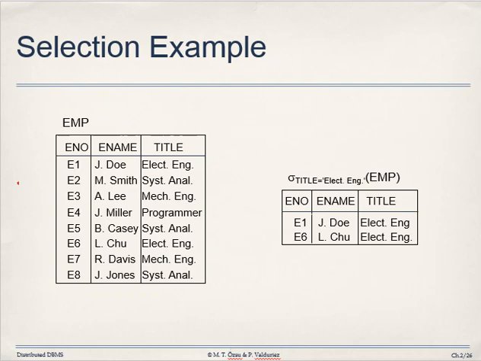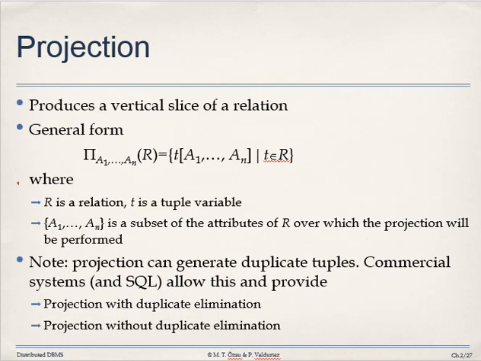Now the projection. Remember one thing, selection displays the result as a subset of a particular set of tuples, and projection gives us a subset of attributes.